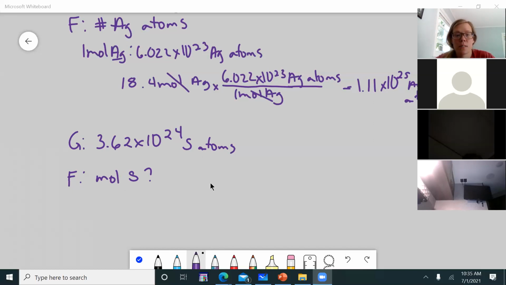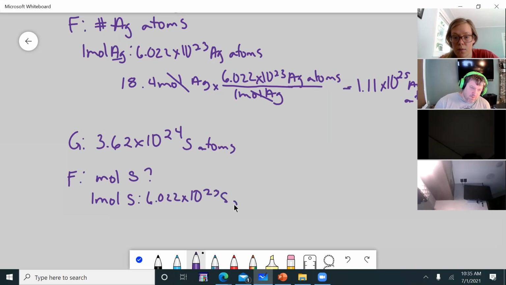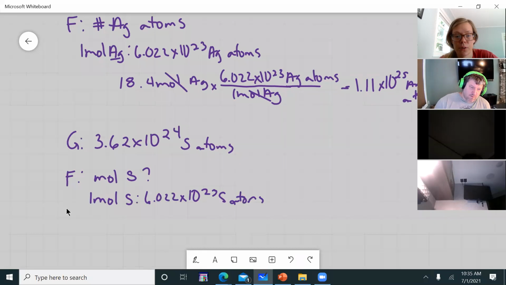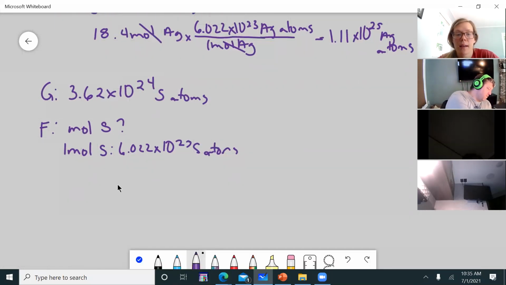Okay, so how does this one differ? We're still using that relationship of Avogadro's number. 1 mole of sulfur is equivalent to 6.022 times 10 to the 23rd sulfur atoms. We're also talking about sulfur, but the conversion is the same. When I set it up though, I'm starting with atoms, so 3.62 times 10 to the 24th sulfur atoms.